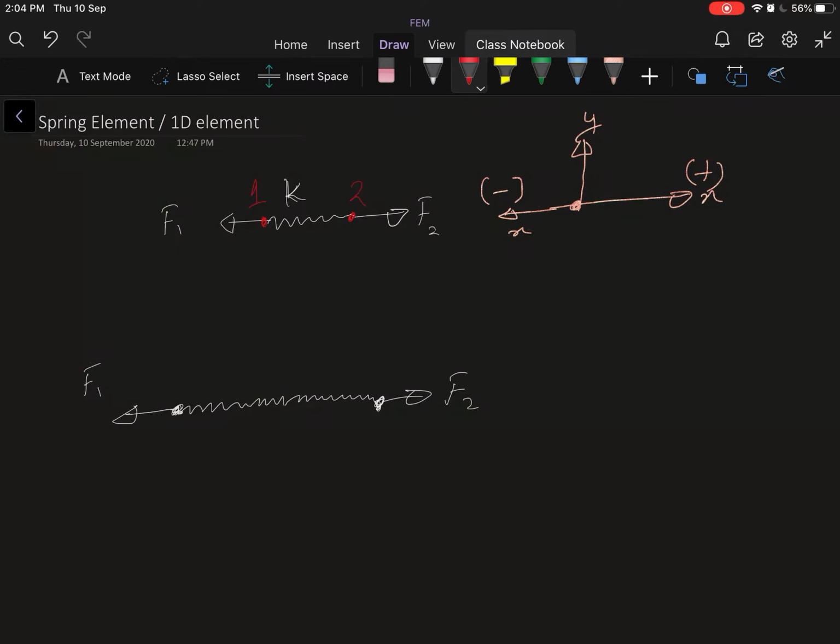This point 2 would now be shifted to this new location, and this point 1 would also be shifted to this new location.